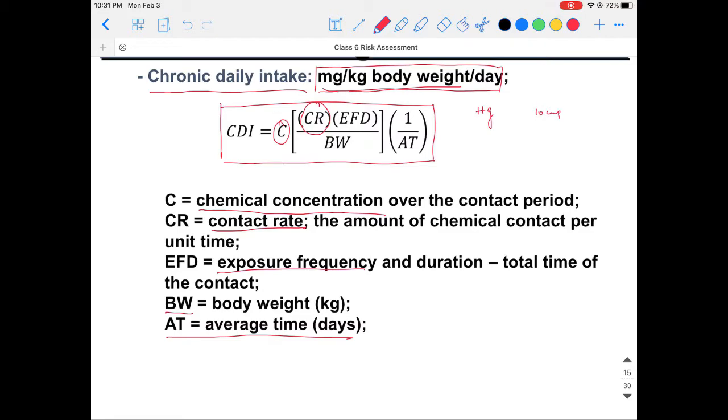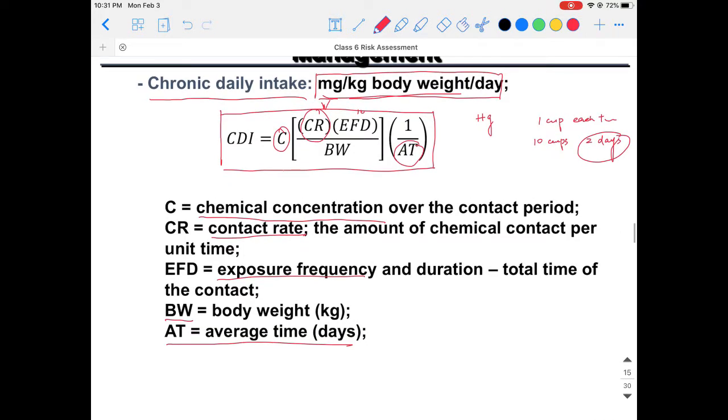Let's say you drank 10 cups of water for 2 days. So the EFD here is going to be equal to 10, and the CR here is equal to 1 cup, but we need to consider the volume, right? And BW is body weight, and the AT is the average time, which is 2 days.